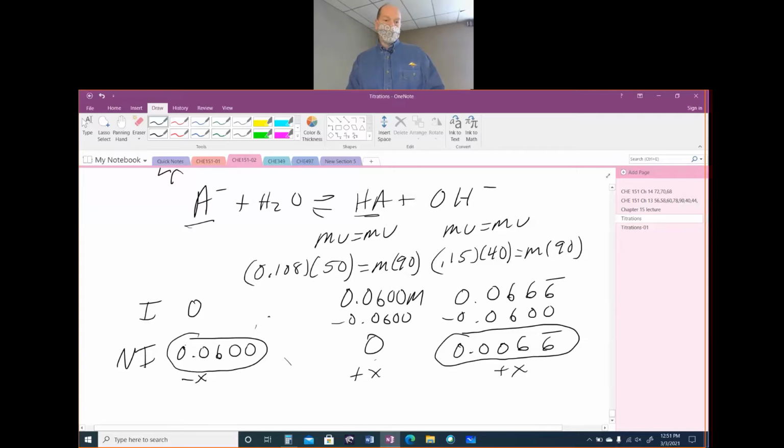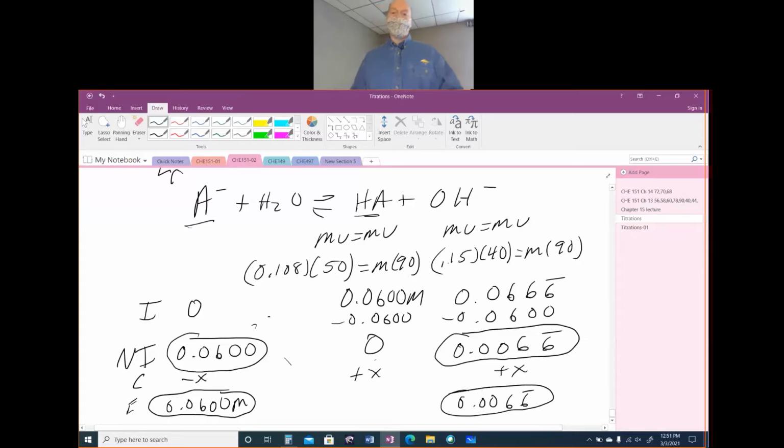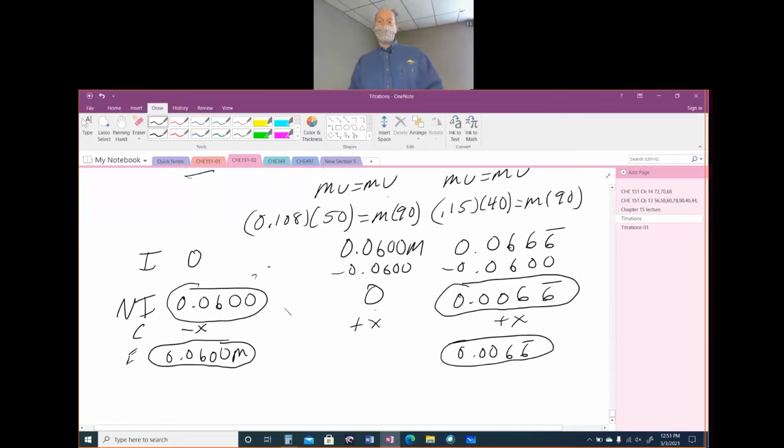All right, and so you have your initial, change, equilibrium, and since the X has 0 effect, your initial concentration will be exactly the same as your equilibrium concentration. All right, and so since we just want the pH, and we already know our concentration of OH minus, because it is going to be the same as the initial concentration, because we have a starting concentration of a reactant and product, we go right to the pOH, which is the negative log of your OH concentration.